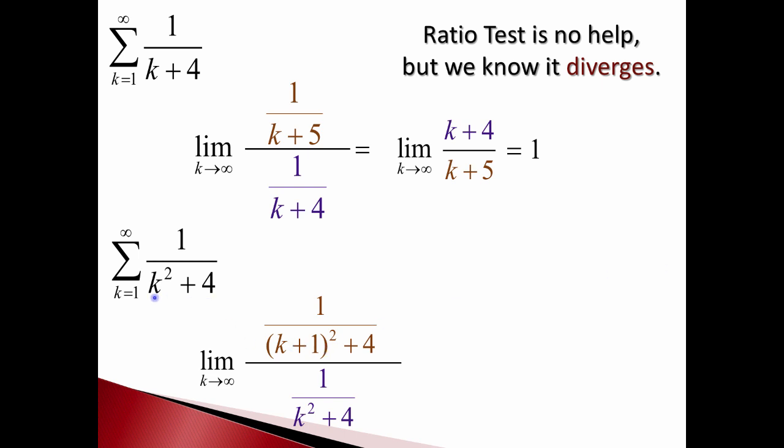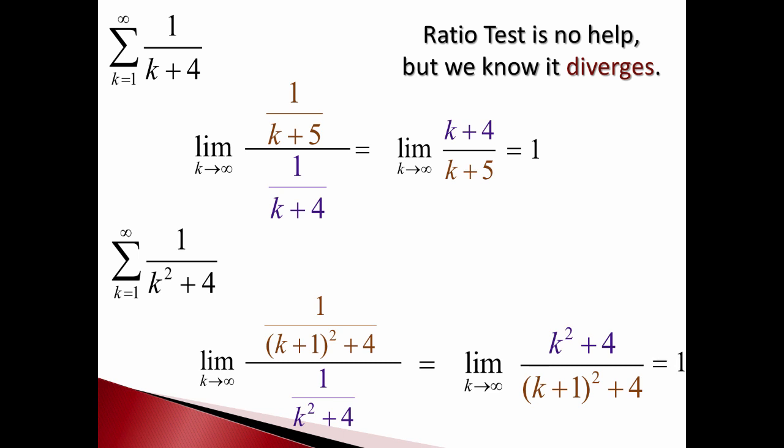The k squared becomes k plus 1, all in parentheses, squared. So when we flip this, we'll have k plus 1, all in parentheses, squared, plus 4, over k squared plus 4. Now when we take the limit, I can multiply this k plus 1 squared out. It'd be k squared plus some other stuff. So what's in the bottom is still k squared. What's in the top is k squared. So they tie on the Tower of Power. This thing turns out to be 1.